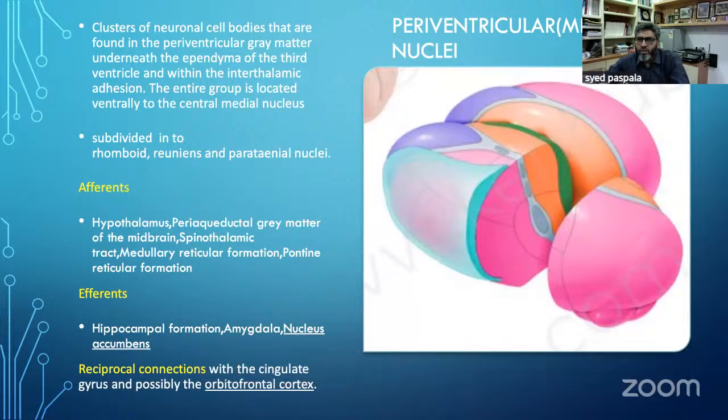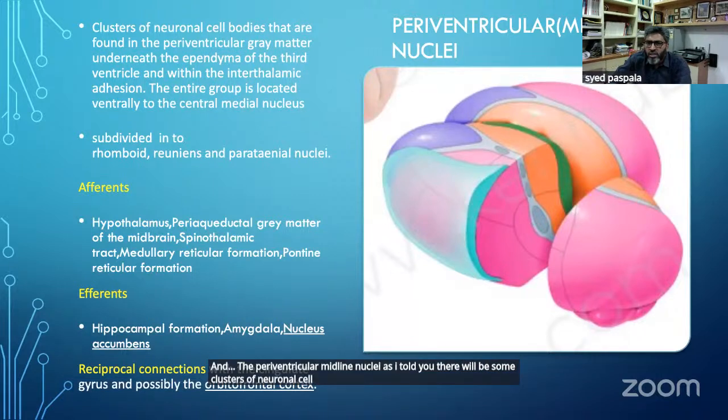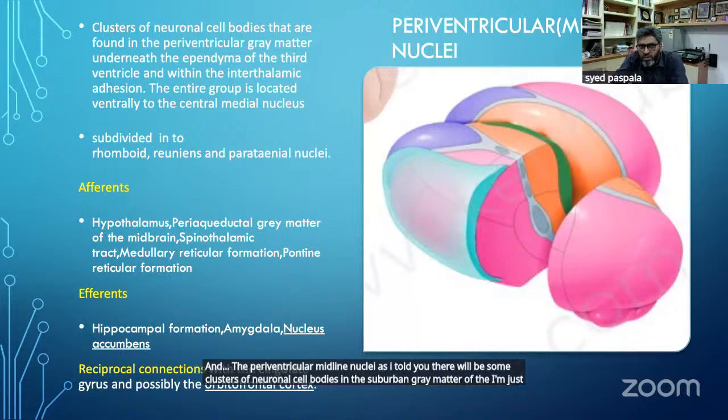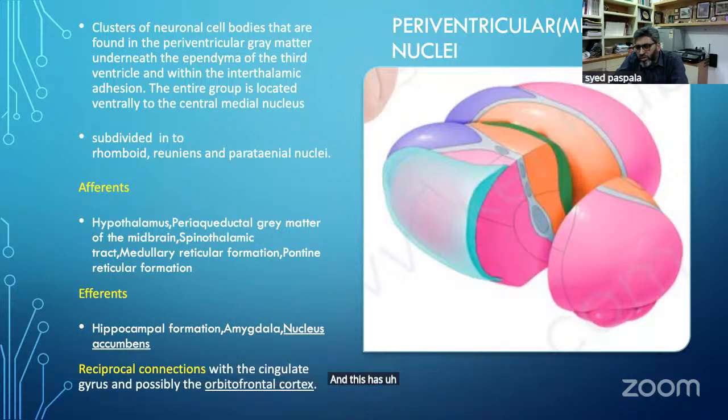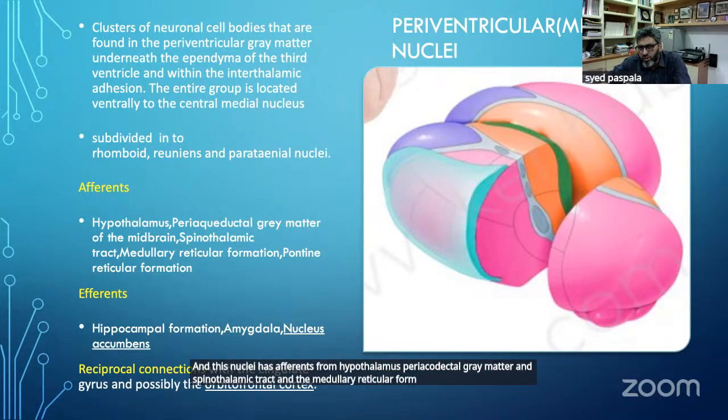And the periventricular midline nuclei, as I told you, are some clusters of neuronal cell bodies in the subependymal gray matter adjacent to the thalamus. And this has the rhomboid nucleus, reuniens, and the paraventricular nuclei. And these nuclei have afferents from the hypothalamus, periaqueductal gray matter, spinothalamic tract, medullary reticular formation, and the pontine reticular formation.